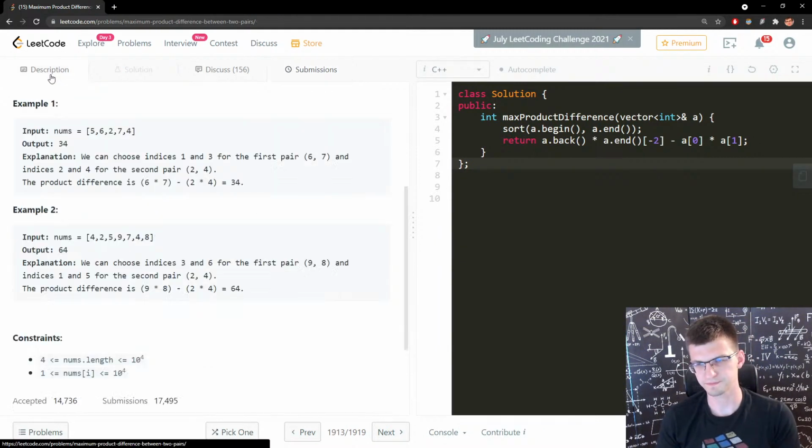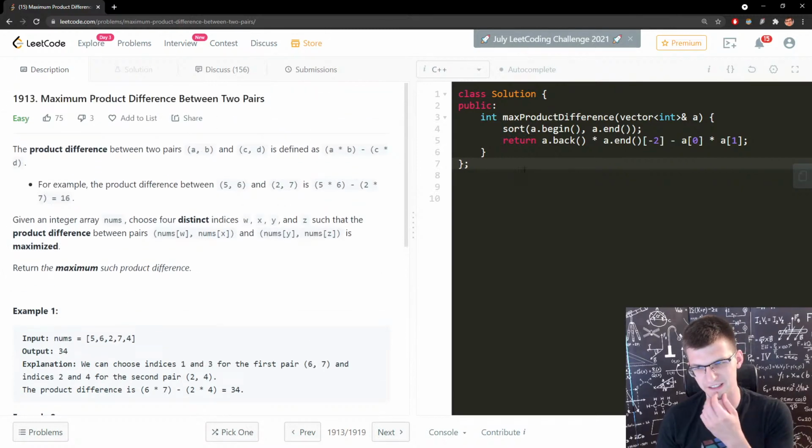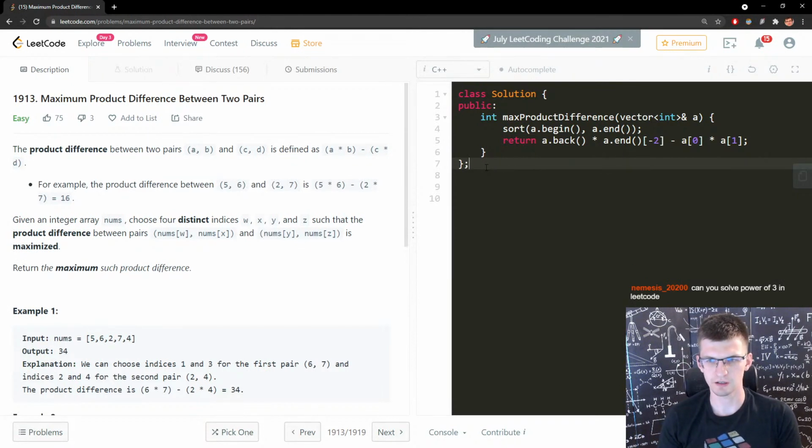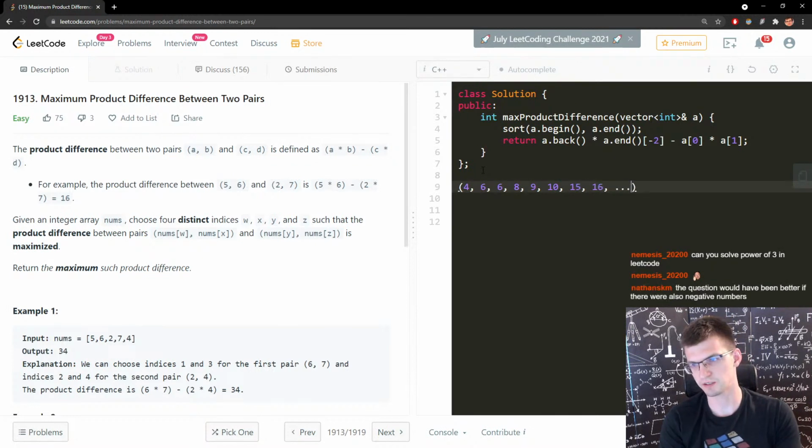All right. Now, if we wanted to minimize the difference, then I could gather all the pairs, so all the products, and I would sort it. Then I have a sequence of products, maybe 4, 6, another 6, 8, 9, 10, maybe next one is 15, 16, and so on.